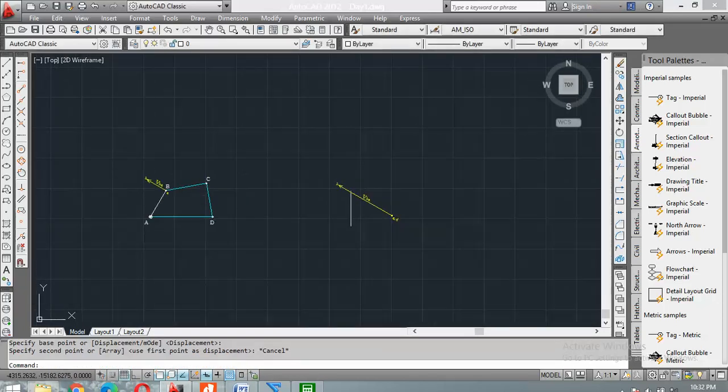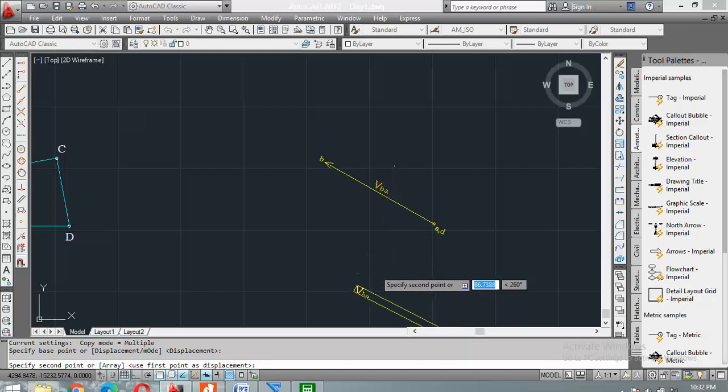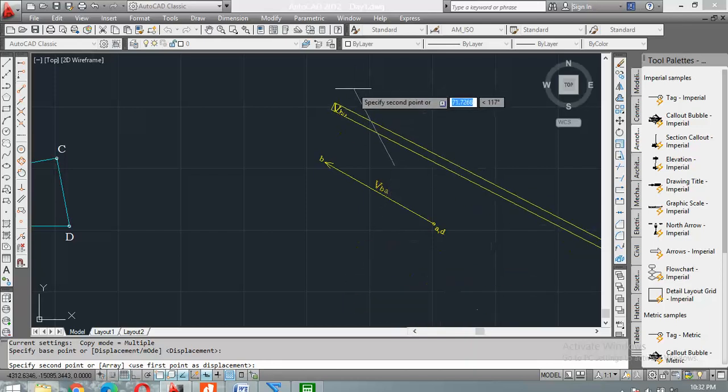So I am writing the scale here itself. मैं ऊपर लिखता हूँ.